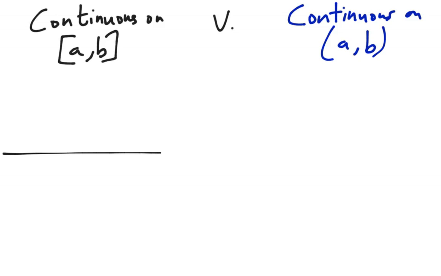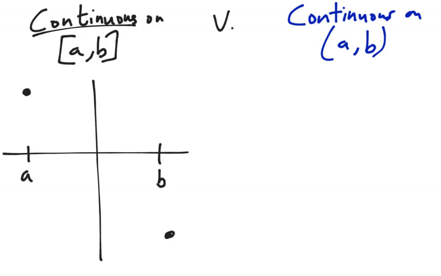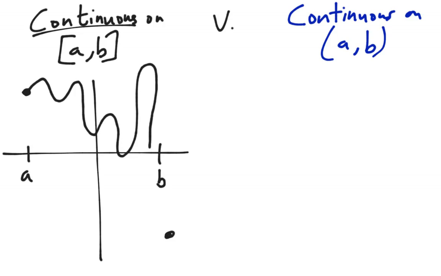So if we have continuity on a closed interval AB, that means that we have some two x values a and b, and because they're closed, that means that they are part of the function. So closed interval, that means that you have some point at a and some point at b, and if the function is continuous, that means that you can draw it without lifting up your marker, your pen or pencil, or your electronic iPad stylus.